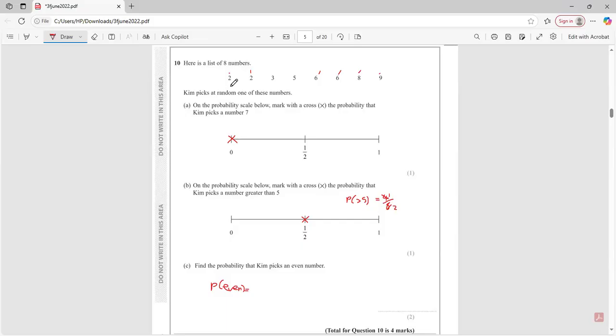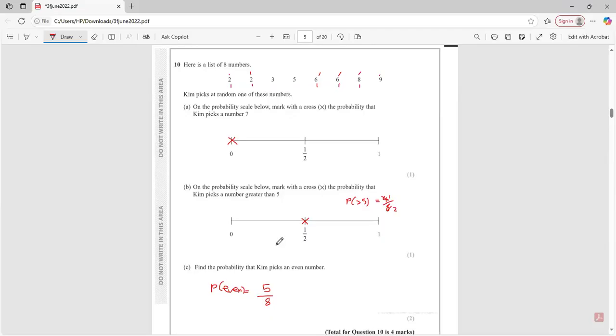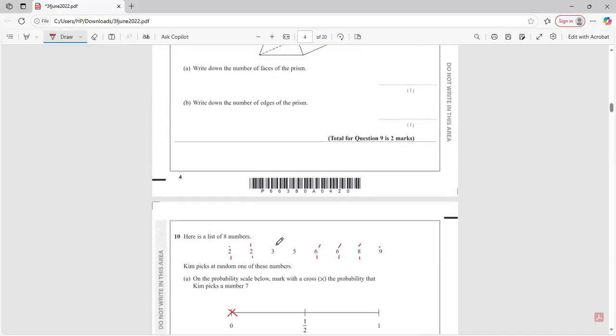Okay, let me count it: 1, 2, 3, 4, 5. So that's going to be 5/8. So that's the probability that it's going to be an even number. Are you good with that? Yes. Okay, excellent.